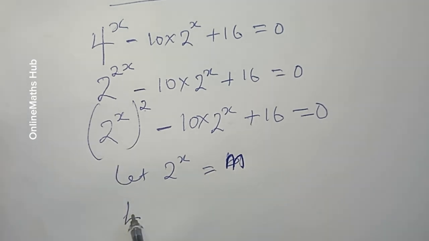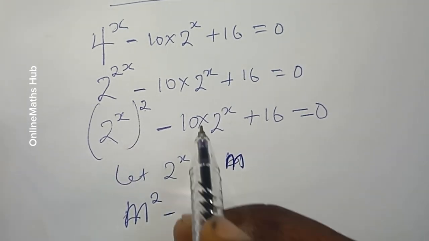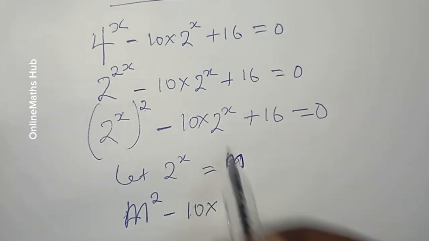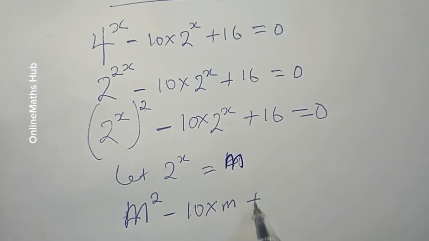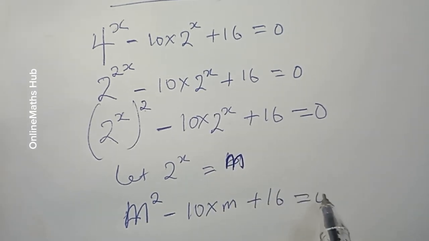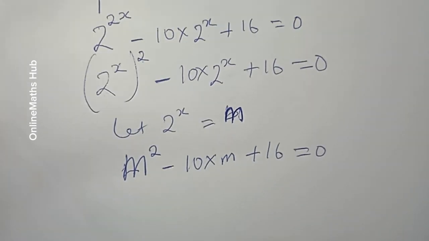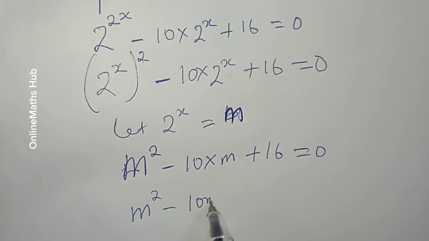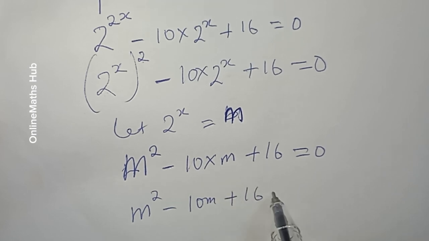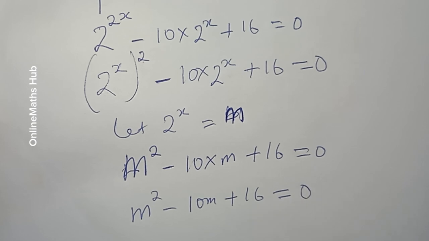What I'm going to have is m^2 - 10m + 16 = 0.